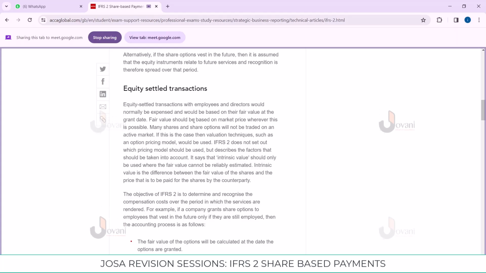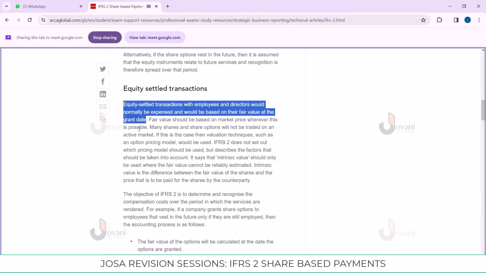This is very important. It is talking about the measurement of equity settled transactions. And if you can remember that diagram we had in the notes, I'll go through it when it comes to the word document. Fair value should be based on the market price wherever this is possible.